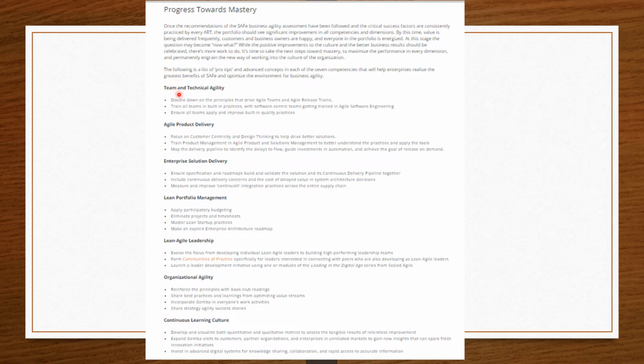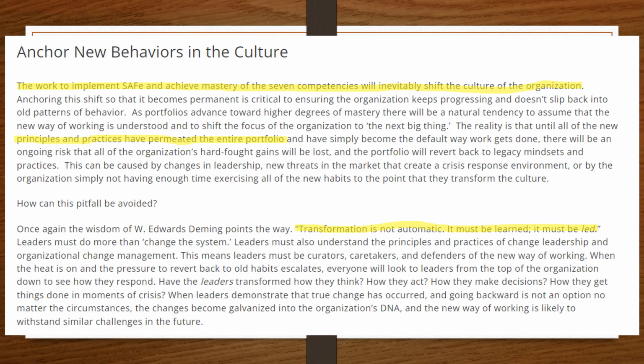It's about team and technical agility, agile product delivery, enterprise solution delivery, lean portfolio management, Lean-Agile leadership, organizational agility, and continuous learning culture. These are the 7 competencies you can progress towards and master. If we improve on all these 7 competencies, there is a high chance that the business agility of the company will progress positively, right?